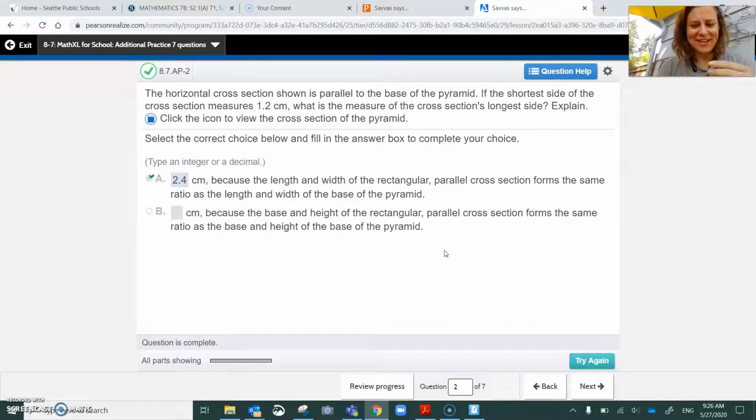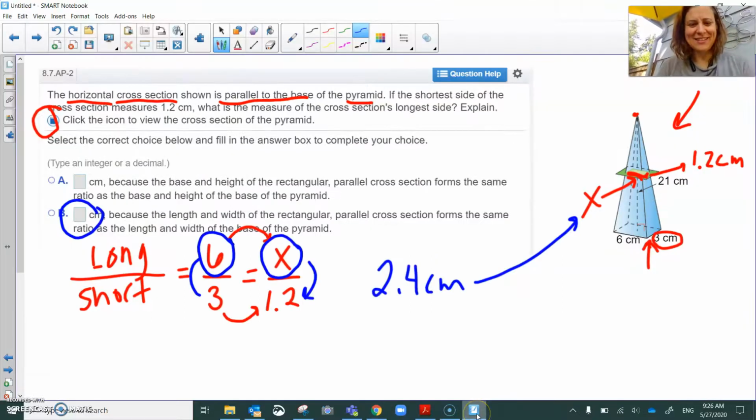So the point that they're trying to make, everybody, is you can call these two guys the length and the width, or you can refer to them as the base and the height. It doesn't really matter.